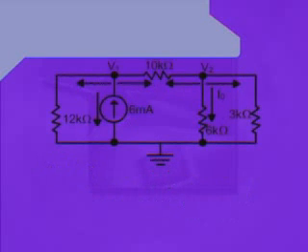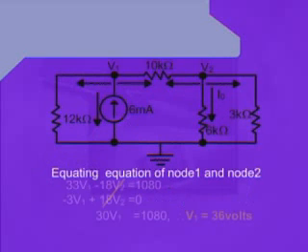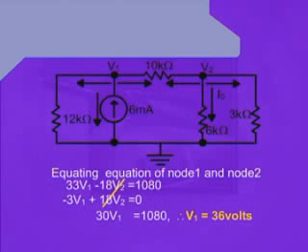Now, we try to equate the two equations for the node 1 and node 2. Therefore, putting them together, we end up with 30V1 equals 1080. That will give us V1 is equal to 36 volts.